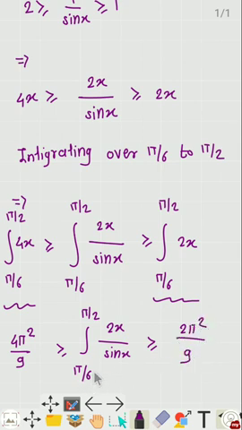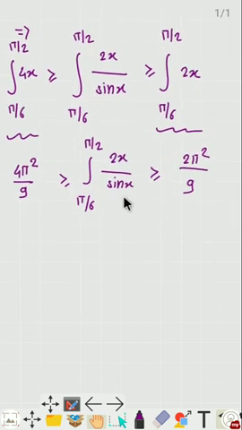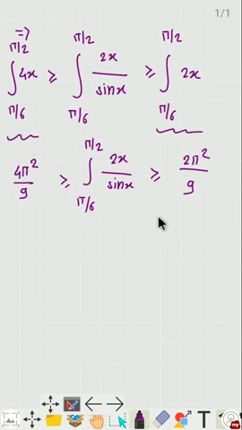So by using the property of Riemann integration, we have proved the required inequality. This is the proof, and this is the end of this lecture. Thank you very much.